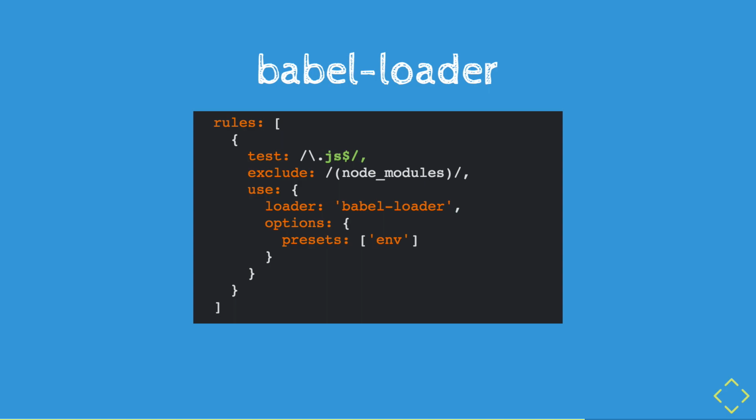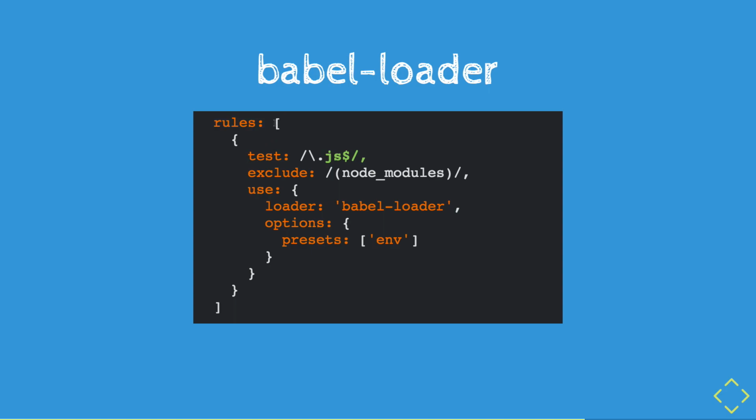Here's an example Babel loader config. So on the rules property in our Webpack config, does it help if I point? Let's see. There we go. So in the rules property of our config, we're registering our loaders with Webpack and configuring them at the same time.